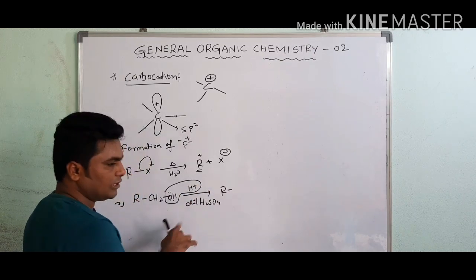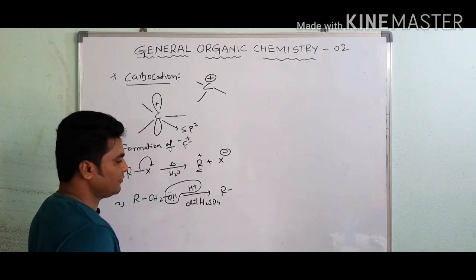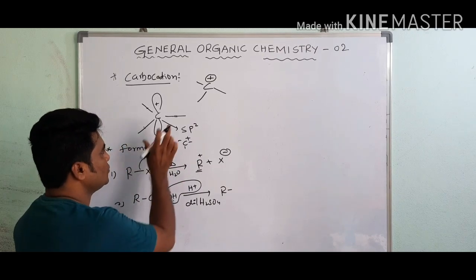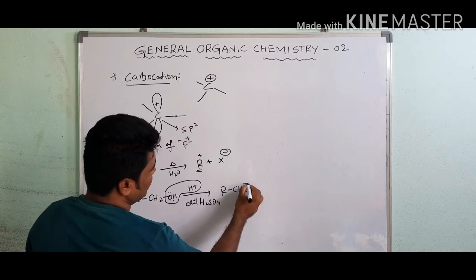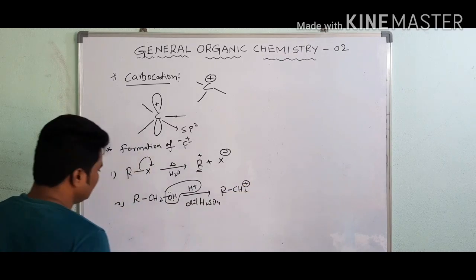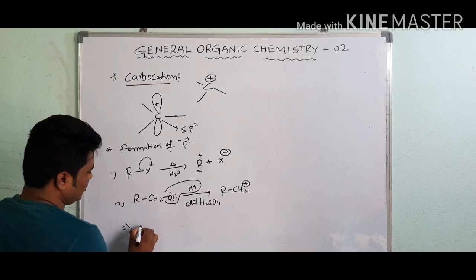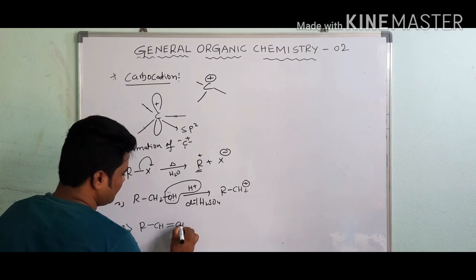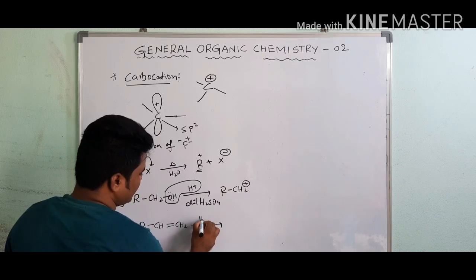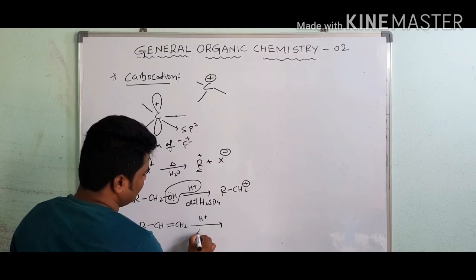The mechanism and all the things we will discuss in further videos. For the timing, just understand what is the carbocation and just the formation. See, you are getting carbocation again. One more: if you take any alkene, this is a pi bond, and you do protonation with H plus, that is acid, for example dilute H2SO4.